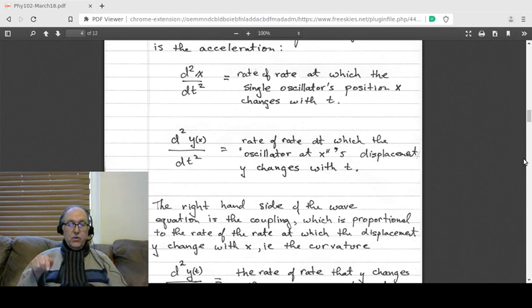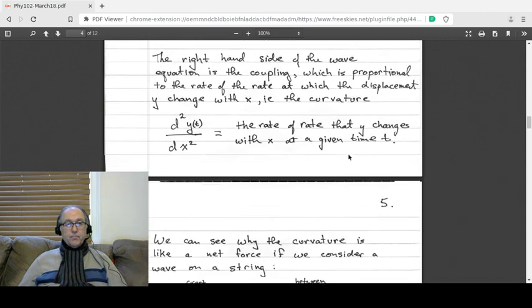So d2y by dt squared is the rate at which the displacement of the oscillator at x changes with time, in other words, the acceleration of that oscillator. It's very much analogous to the left-hand side of the simple harmonic oscillator. It's again the acceleration. But what's on the right-hand side?